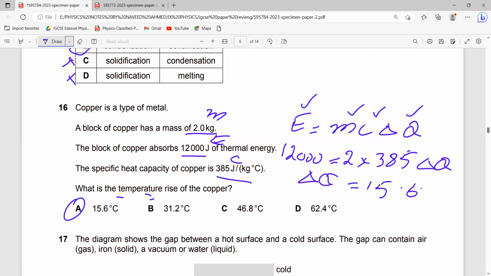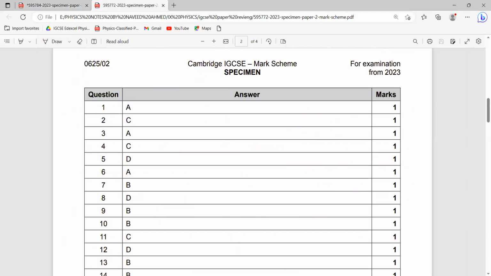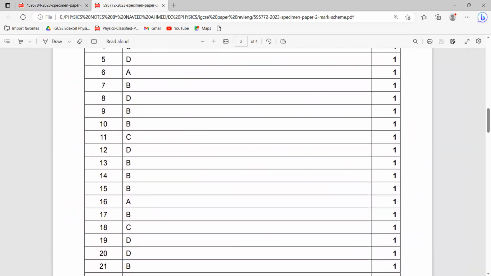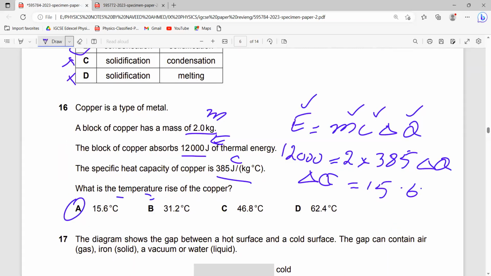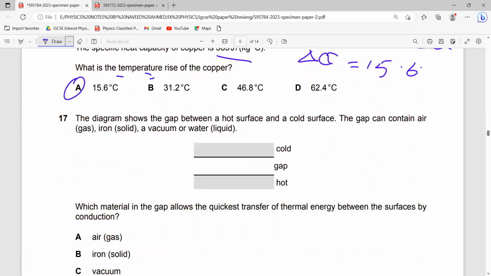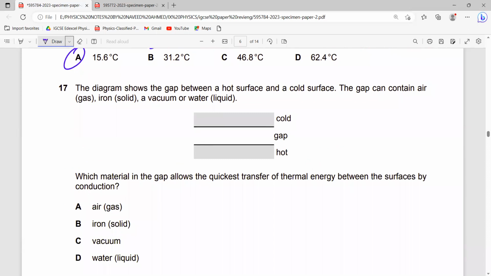We achieved the answer of question number 16. Okay, now in question number 17, we see the diagram shows the gap between a hot surface and a cold surface. The gap can contain air as a gas, iron as a solid, a vacuum, or water as a liquid.